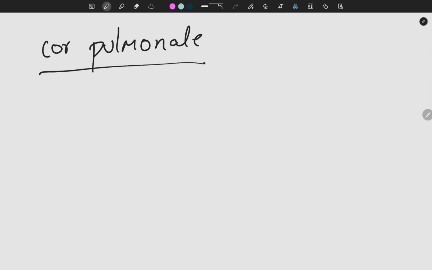So the next one is cor pulmonale. What is the meaning of cor pulmonale? It is nothing but dilation or hypertrophy of the right ventricle due to pulmonary hypertension.